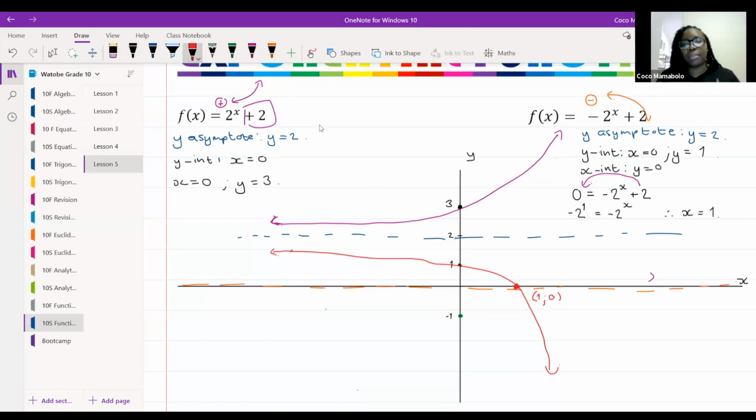Give me a thumbs up if everything we've just done makes sense. I'm a bit lost on where we know whether the graph is increasing or decreasing. It will always be told by this value.